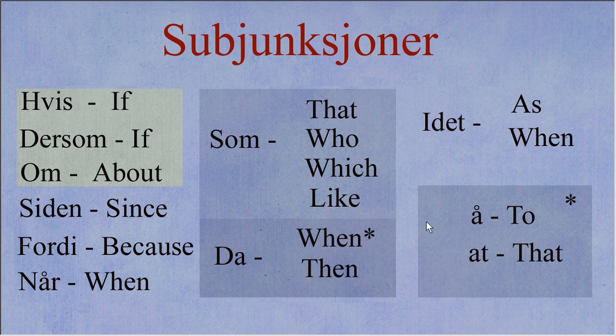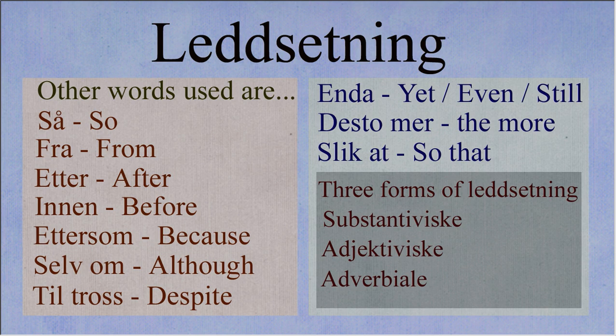Okay, hold on. These two over here are kind of special. They have to be used a certain way, so I just put them in there. But let's keep moving. Not only subjunctioner are used, there are a lot of other words too. I found a whole bunch of them.